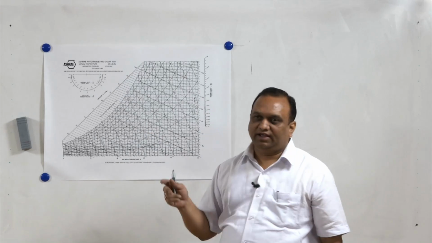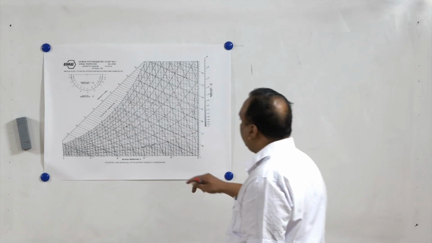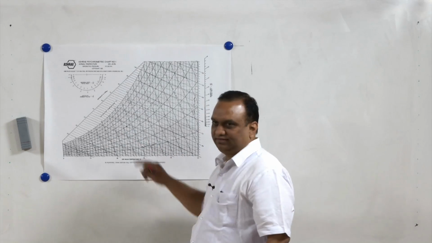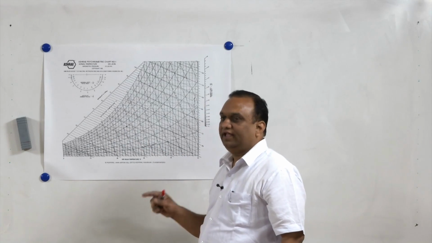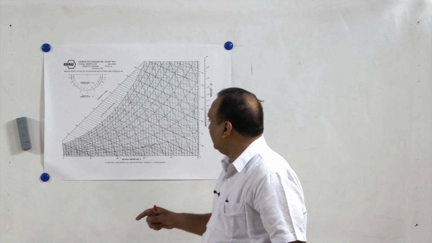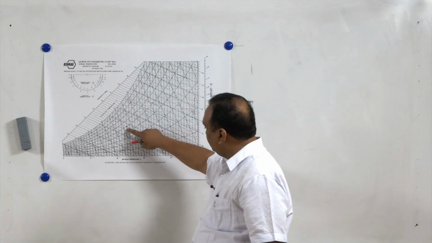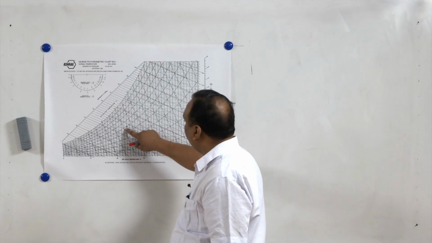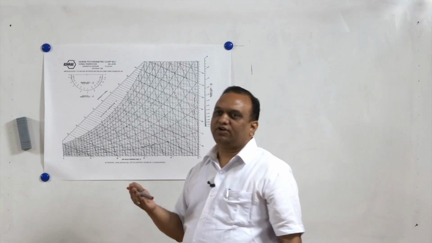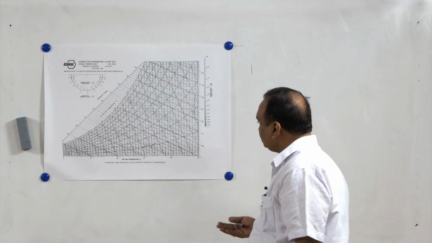Otherwise, in a normal air conditioning system, the supply temperature is less than this. Only then we can get the temperature of air, after picking up heat in the room, approximately 24 degrees centigrade, and the temperature of air leaving the room may be at 26 or 27 degrees centigrade.